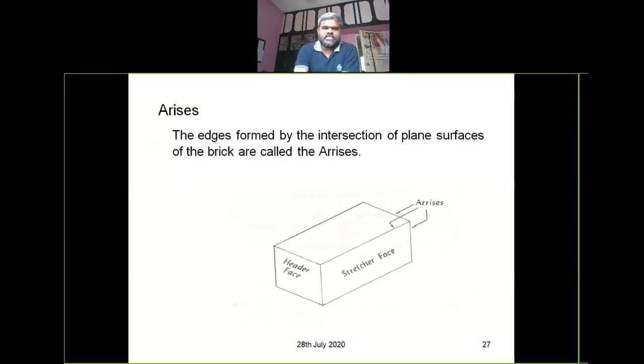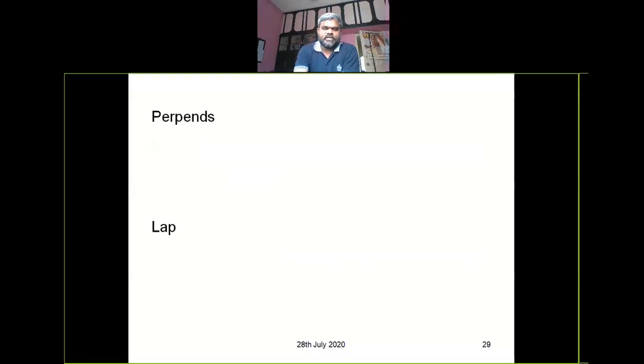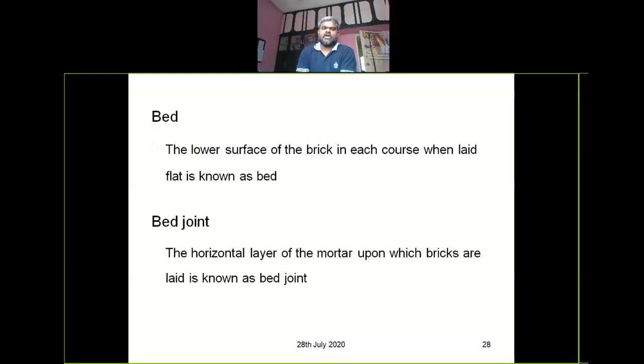Arrises means the edges formed by the intersection of plane surfaces of a brick. Bed: the lower surface of the brick in each course, laid flat, is known as the bed.